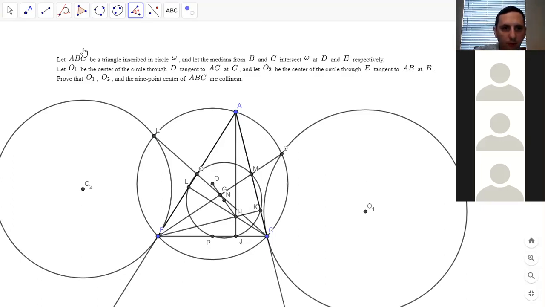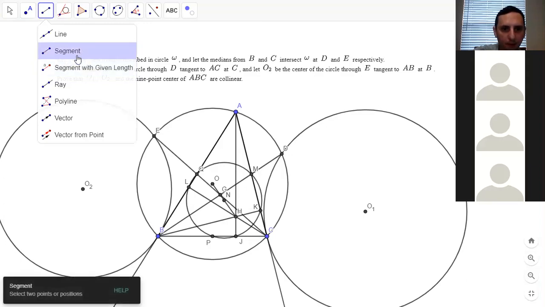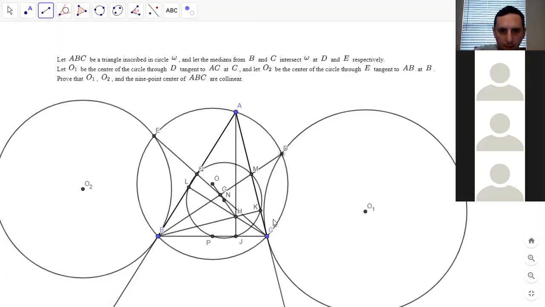I don't know if it's worth drawing, like if I label the midpoint of DC.